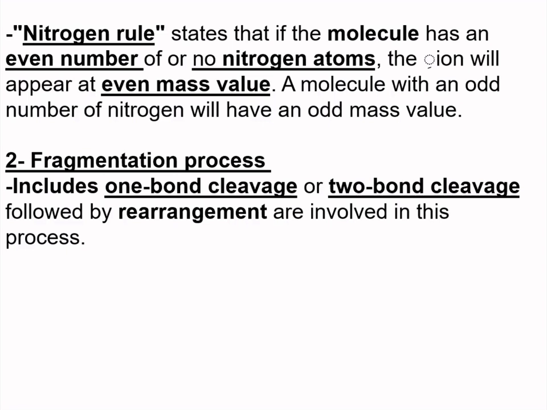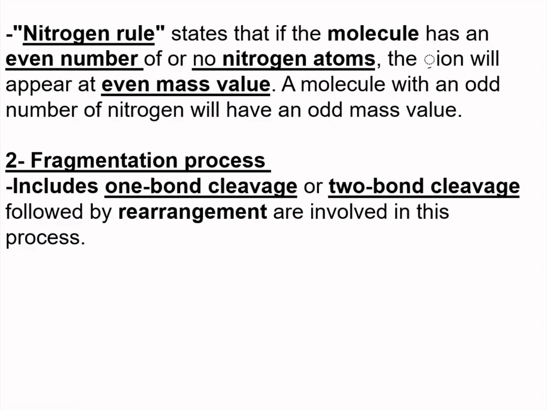The nitrogen rule, which probably you heard about before, states that the molecular weight of a compound should be even unless it contains an odd number of nitrogens. This is the first step, the molecular weight and molecular formula.